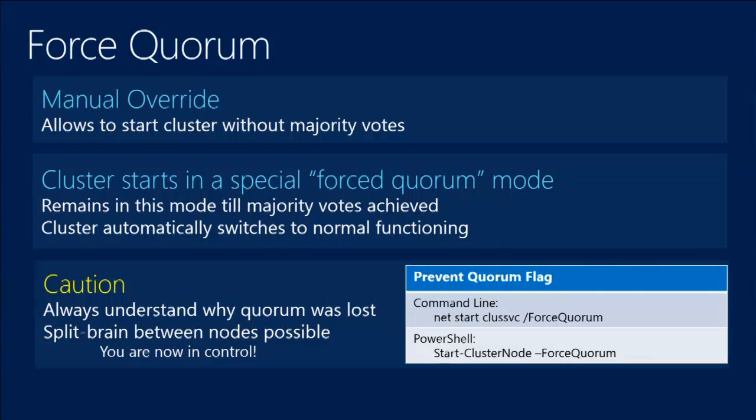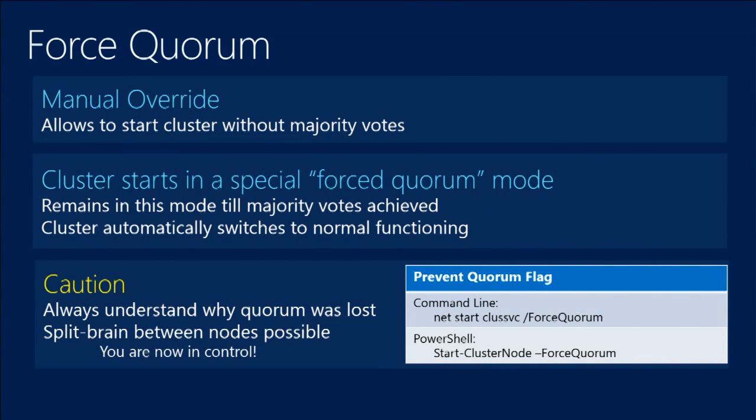So what you do is you go to a node and say net start cluster service with /forcequorum, or with the Start-ClusterNode cmdlet, you can say -ForceQuorum. So you start a node in a force quorum mode.